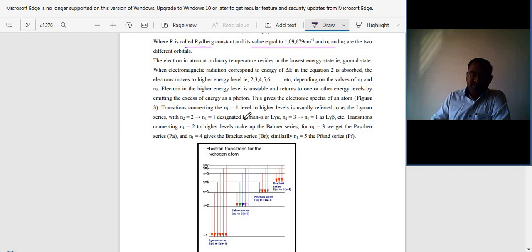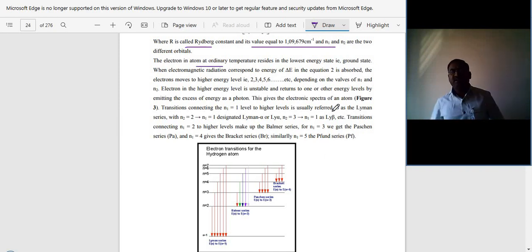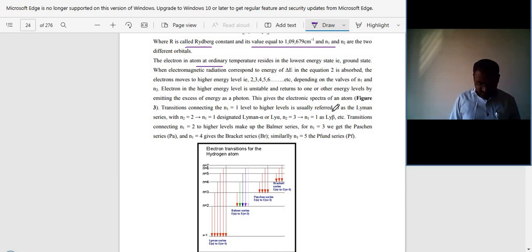Electrons in an atom at ordinary temperature reside in the lower energy state, that is the ground state. Electromagnetic radiation corresponding to energy delta E in the equation is absorbed.